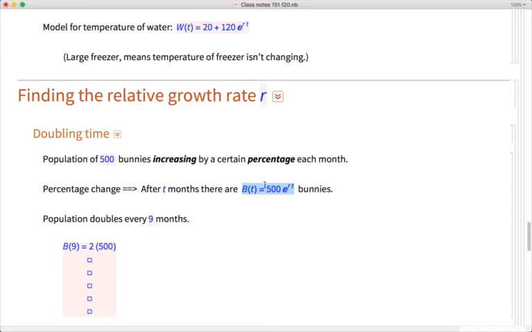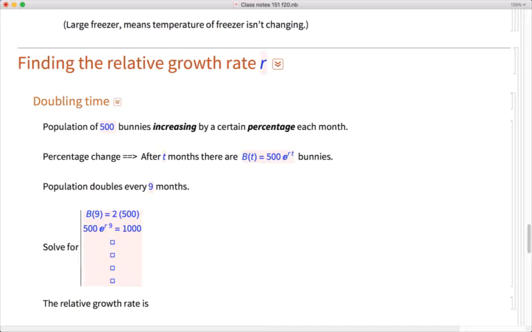So when we plug 9 into the T spot, we will get double our initial population. This is how we're going to solve for R.